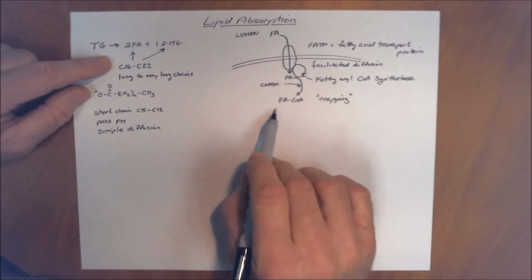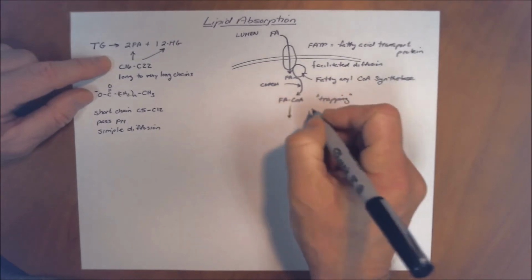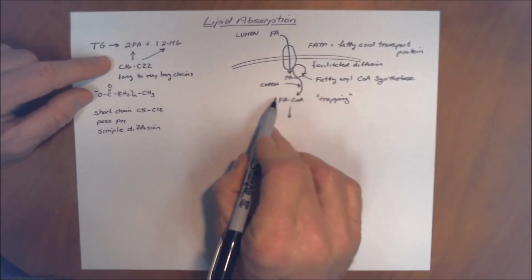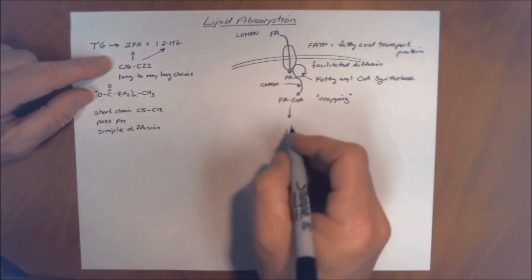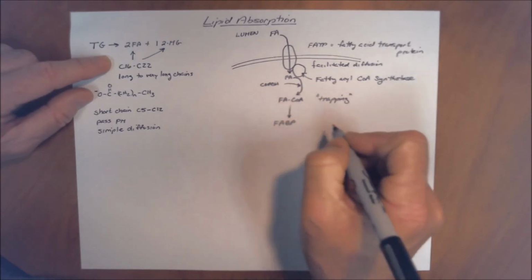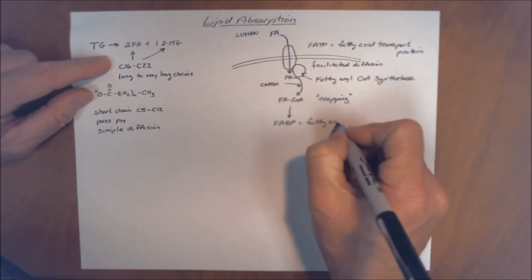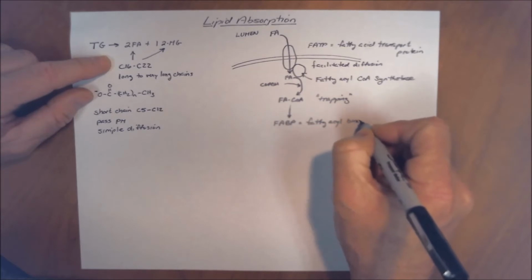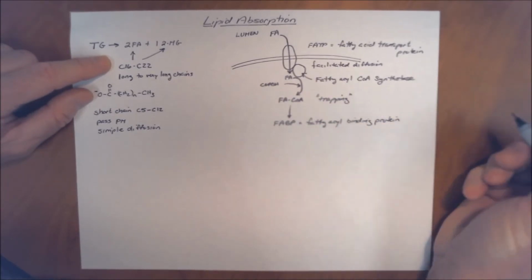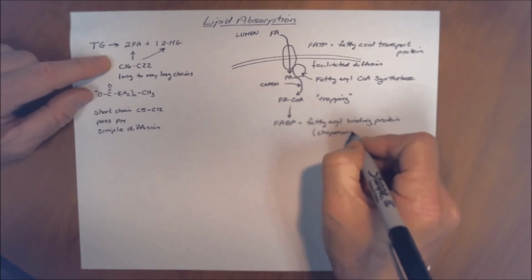Now, once again, we have a chemistry problem, and what we have to do is protect the cell from this hydrophobic group on the fatty acyl. So the next step is FABP, which stands for fatty acyl binding protein. This can be considered a chaperone.